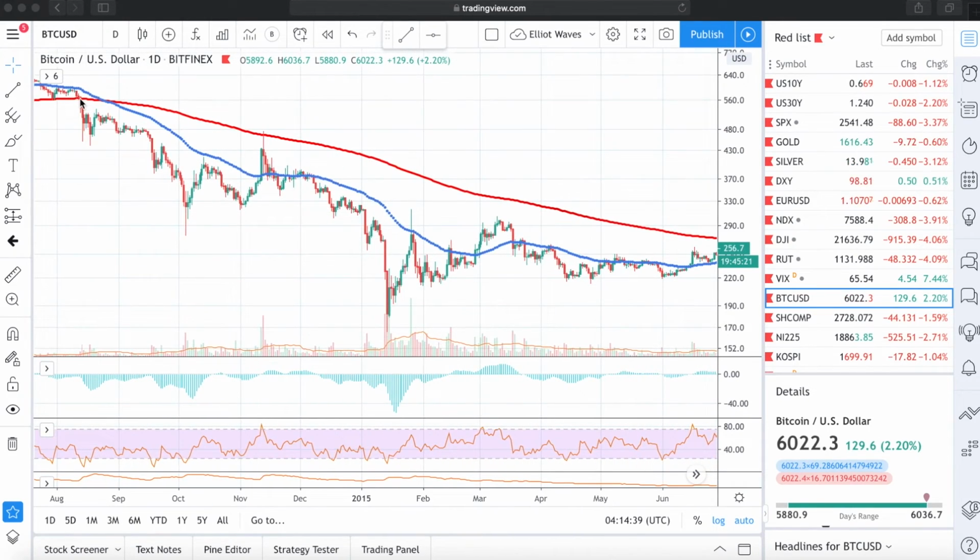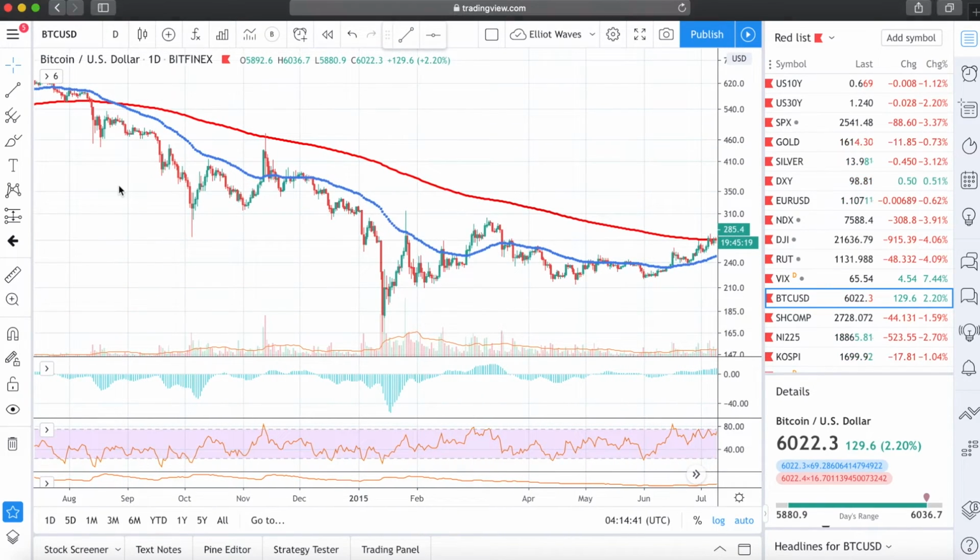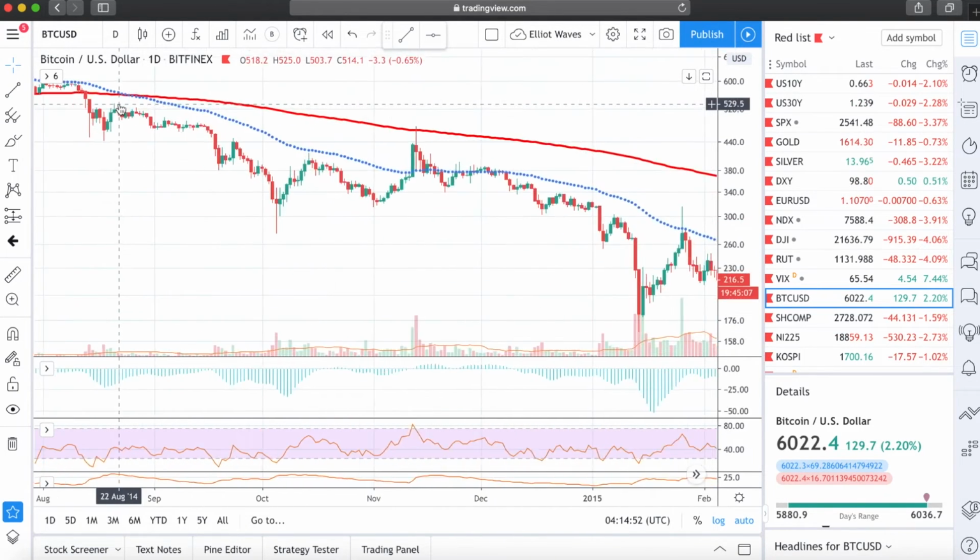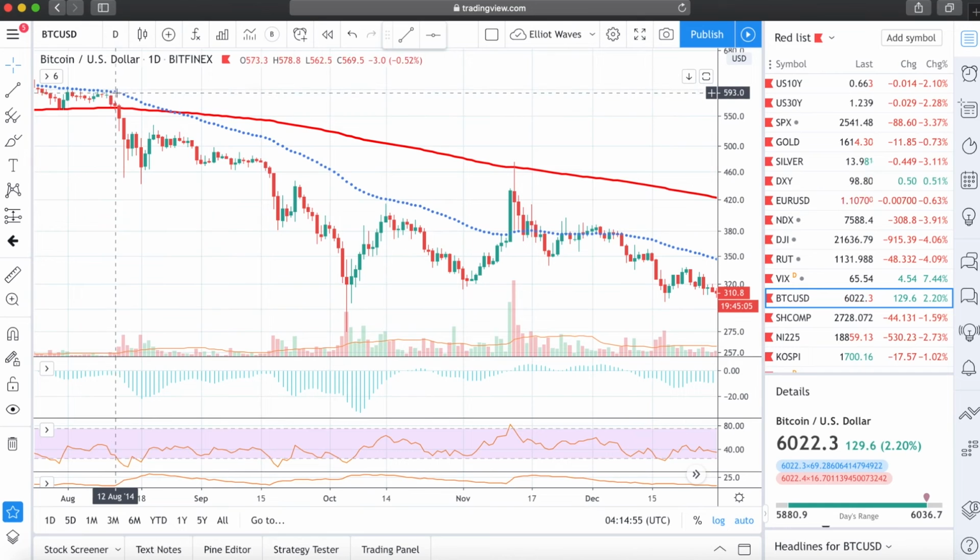As you can see, the death crossover happened around August 26, 27, around this time. The 50-day moving average crossed and closed below the 200-day moving average around here.